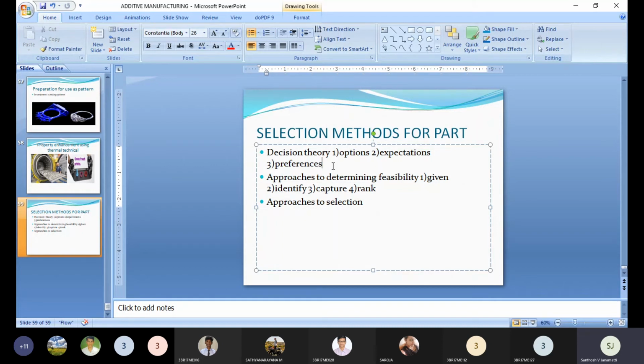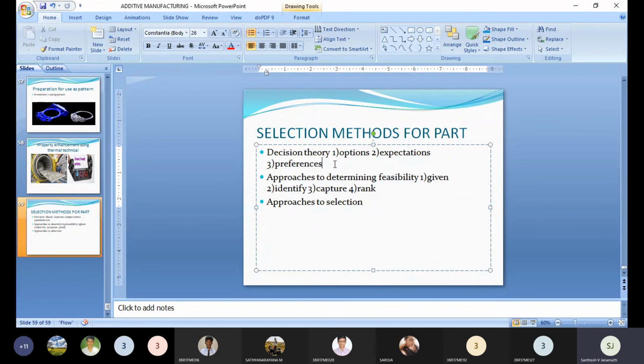Sometimes what happens, based on the preferences, we are helpless. Sometimes we cannot look into the expectations. So only for the preferences, we use the machines and then create the 3D product. Sometimes it may produce a quality product or may not. But we are helpless.